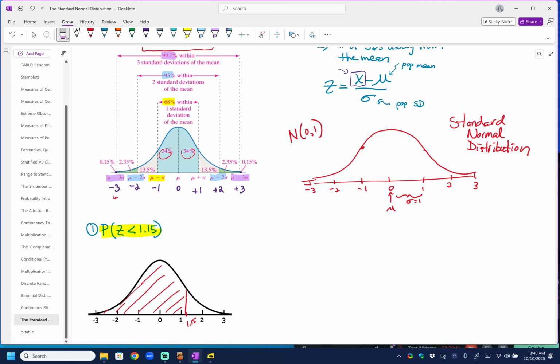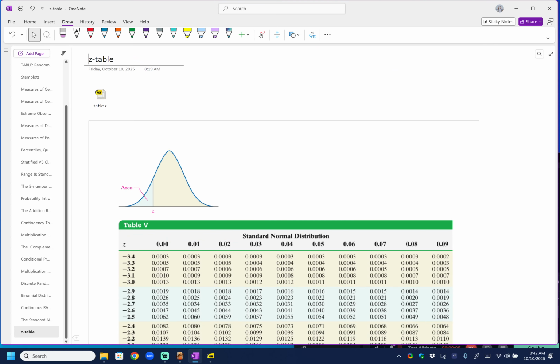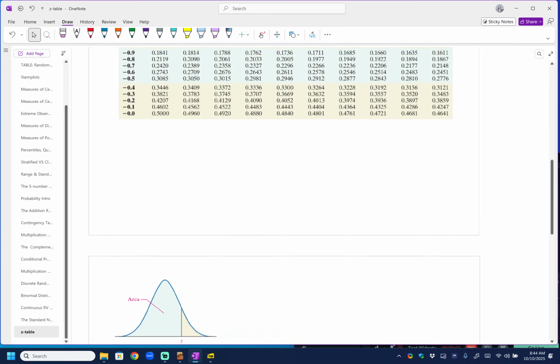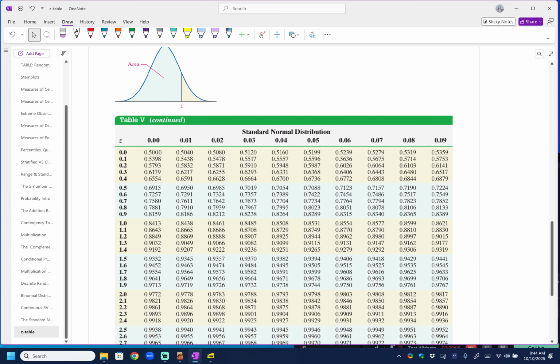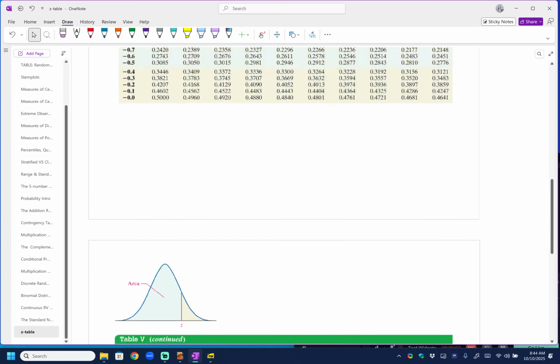The next order of business is now to learn how to use the z-table. This is going to be an incredibly important skill going forward, which means you must learn it. And in your next course, if you have to take Stat 2, it will be important there as well. First thing, there are two sides to this table. One side deals with the negative z-scores.